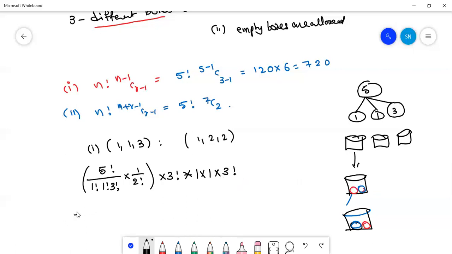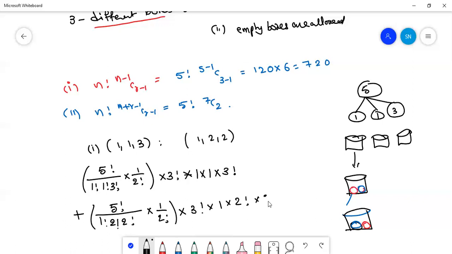plus 5 factorial by, for the second case, again grouping, 1 factorial, 2 factorial, 2 factorial into 1 by 2 factorial, and again grouping, 3 factorial. So now coming to the boxes, in order to arrange these balls in the boxes, the first group has only one way, the second group 2 factorial, because in the second group there are 2 balls.